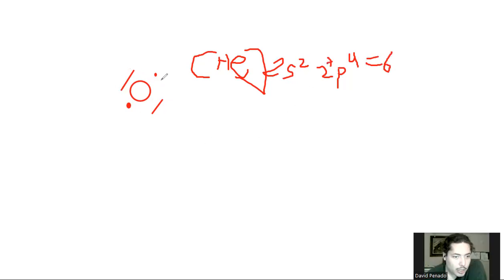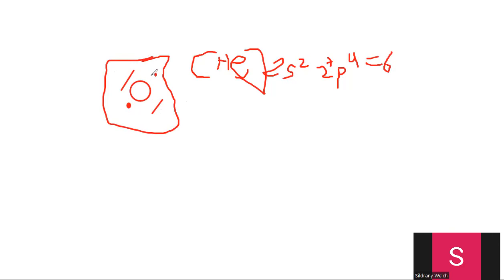This is just showing you the outer shell, how the element looks from the outer shell. The outer shell will only have the outer electrons.